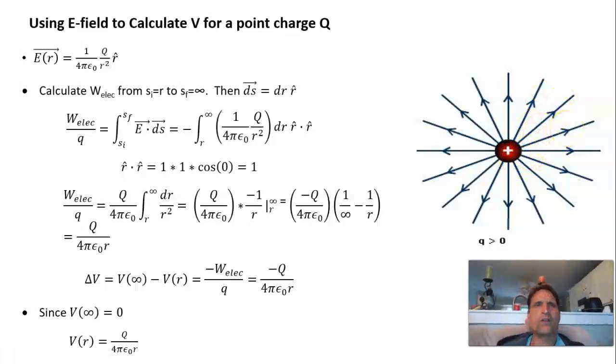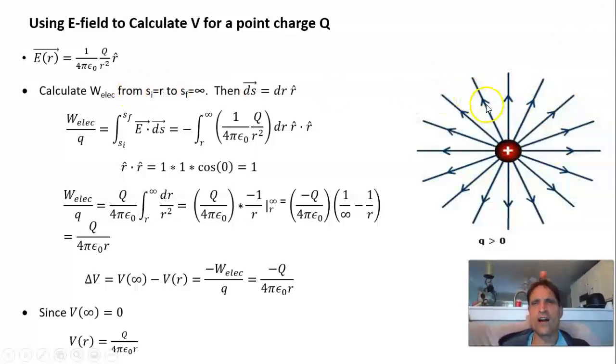So what we want to do now is calculate the potential difference between some distance r from the charge and infinity, because at infinity the electric field is 0, right? There's going to be no effect on the charge at infinity. Okay, so we need to do an integral here. In other words, if we're going to calculate the work per charge to get the potential difference, we need to integrate from r to infinity.